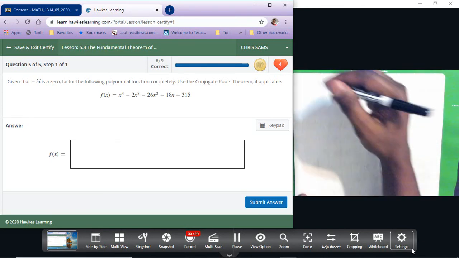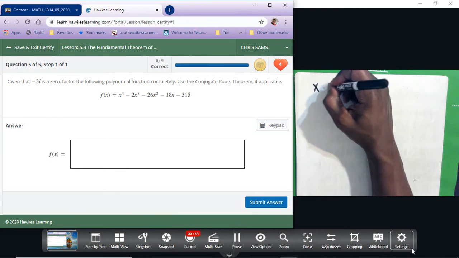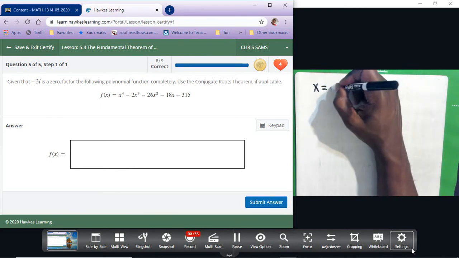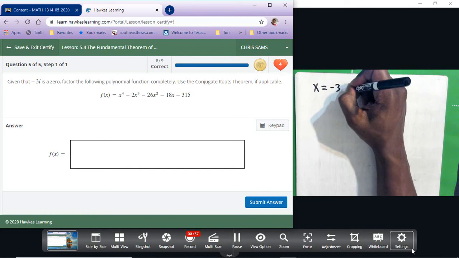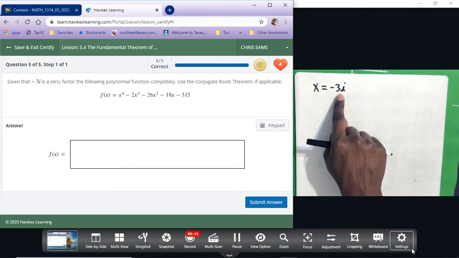Okay, so this is what you need to understand. The fact that they're giving me x equals negative 3i as a zero. This i came from a square root. So you automatically know, or you should know, whenever we do a square root, we get positive and negative.